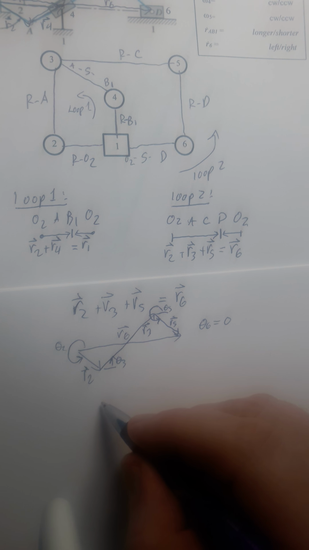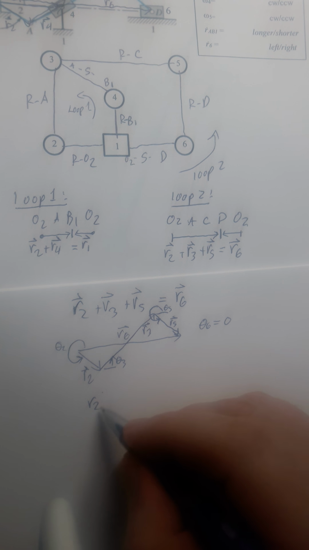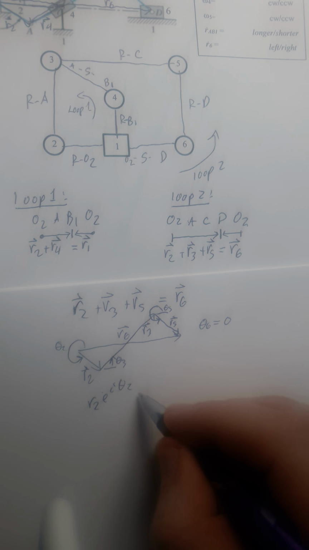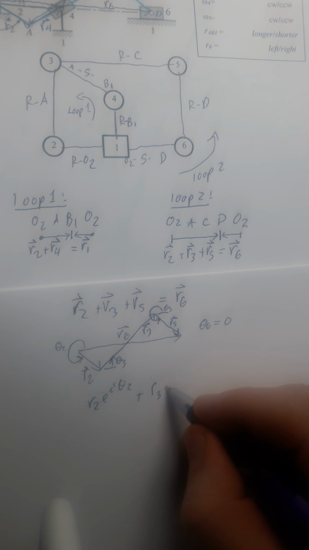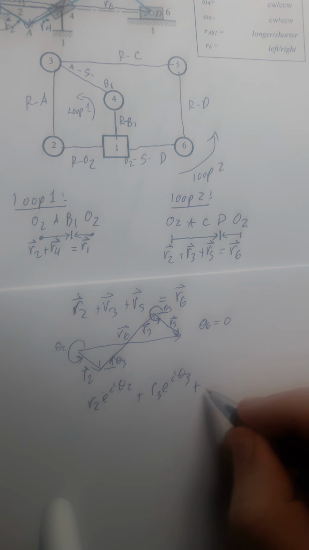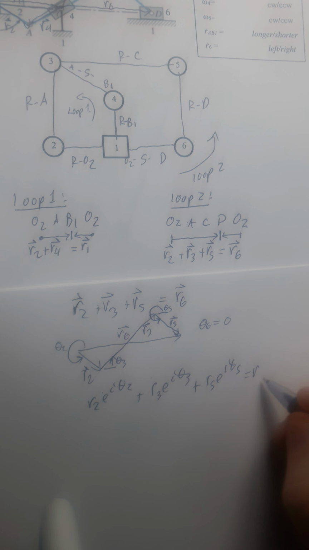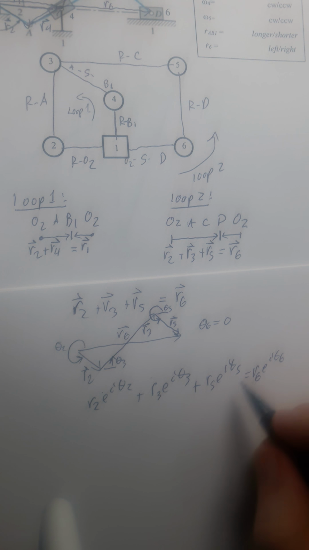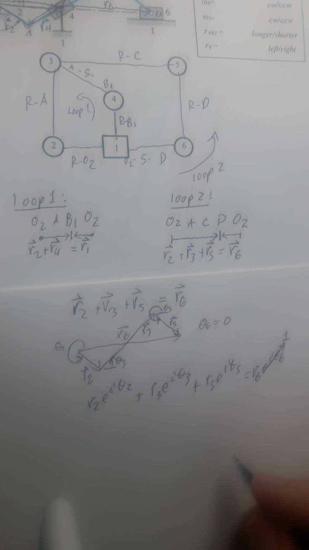So our polar form of the equation is going to be R2 e to the I theta 2 plus R3 e to the I theta 3 plus R5 e to the I theta 5 equals R6 e to the I theta 6. Because theta 6 is equal to 0, e to the I theta 6 is equal to 1.